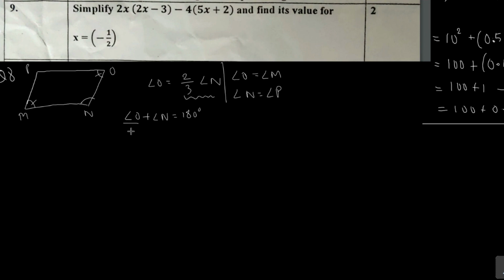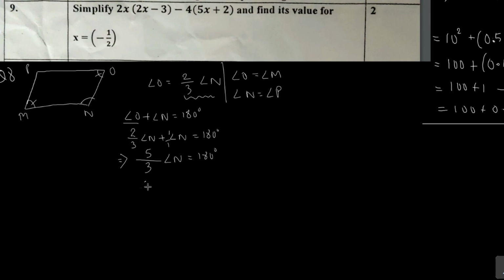So I'm going to put the value here, 2/3 angle N plus angle N, which is 1 times angle N, gives me 180 degrees. On further solving, I would get 1 plus 2/3. So 1 by 1 will become 3 upon 3, so 3 plus 2 is 5 times angle N. This is equal to 180 degrees.